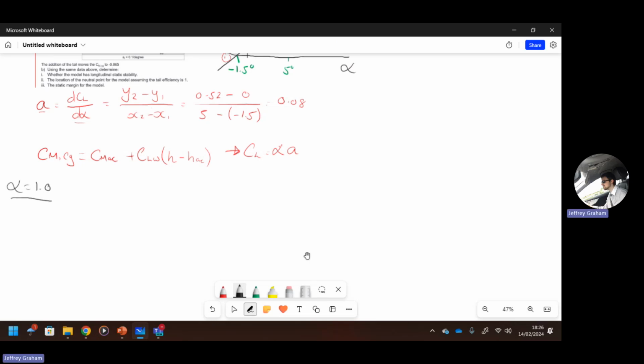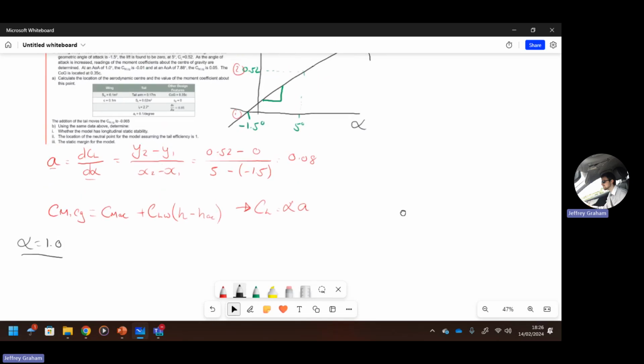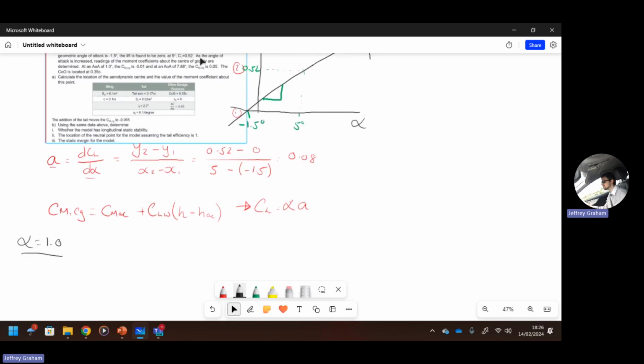First set of values then is when the angle of attack is 1 degree. So if you read this here, as the angle of attack increased, you read the coefficient of moments about the center of gravity. So at 1 degree, CMCG is minus 0.01.